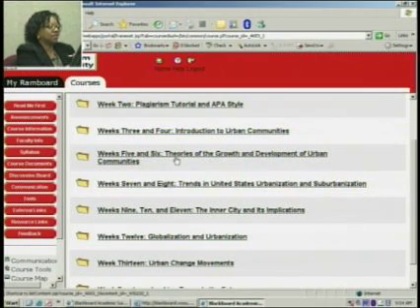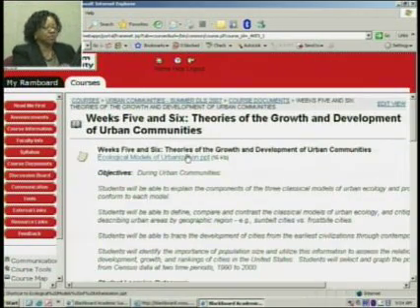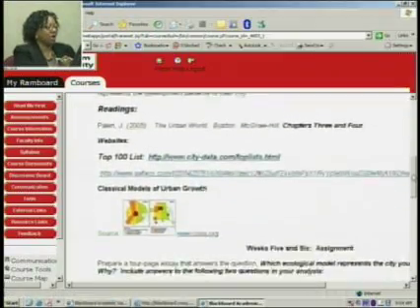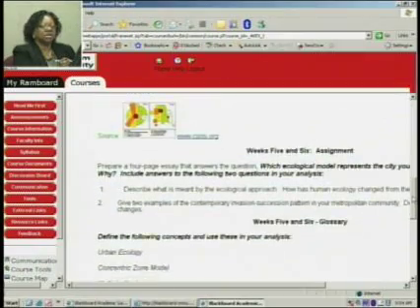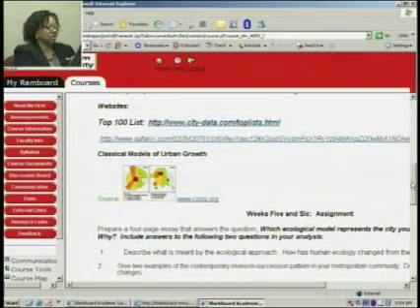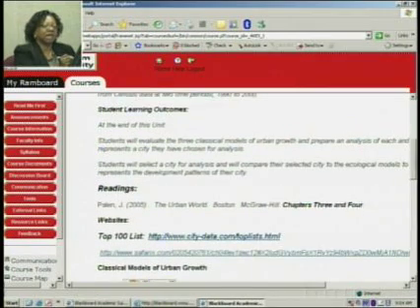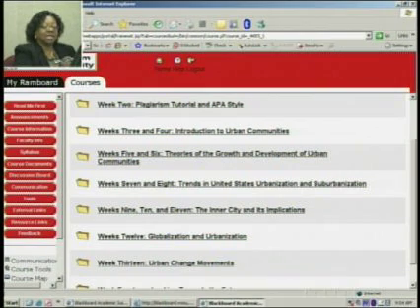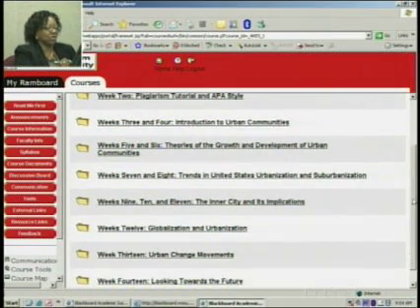Then you're going to weeks 5 and 6, and we'll talk about theories of growth and how we became the urbanized world that we are. And there are classical theories of urban development, and you will see a picture here of those, but as you get into the class, you'll see even more, and you'll learn how theorists explain the massive growth that we have in the United States and worldwide. So we're doing United States urbanization and suburbanization in weeks 7 and 8.